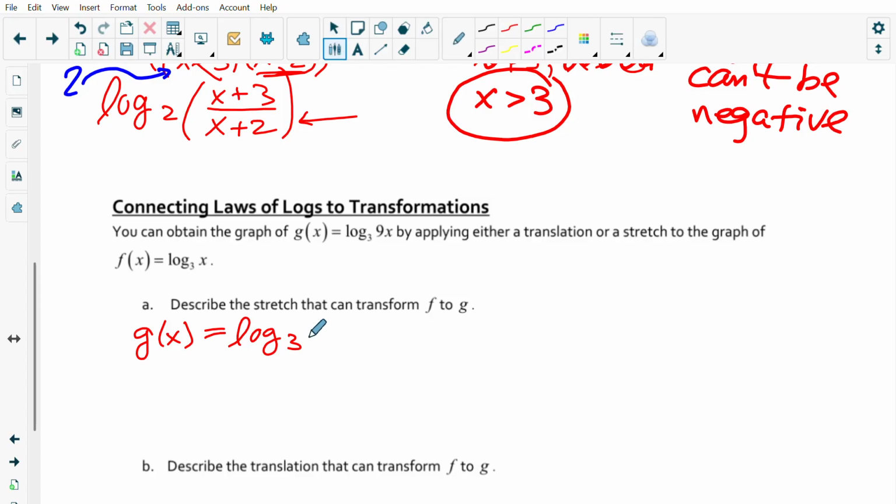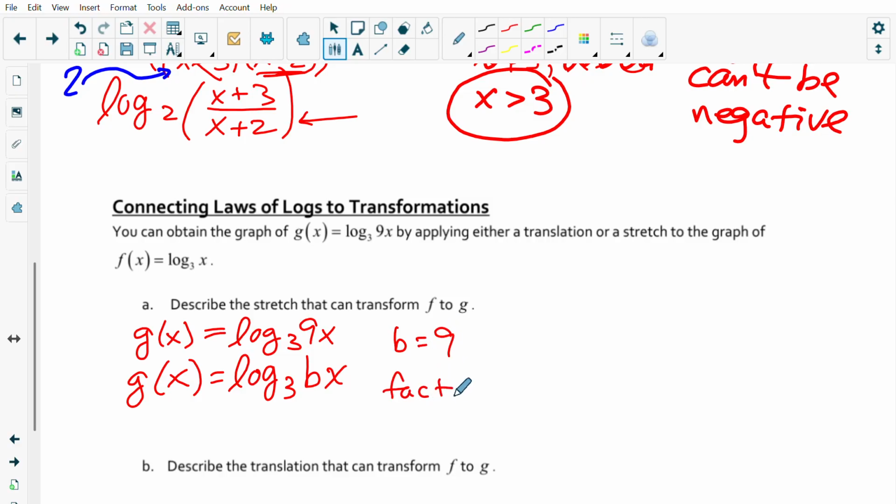If I line it up to my general transform, log base 3 of bx, well, we know from our general transformation model for logarithms that the b represents a horizontal stretch factor, right? But let's be careful. So b equals 9.